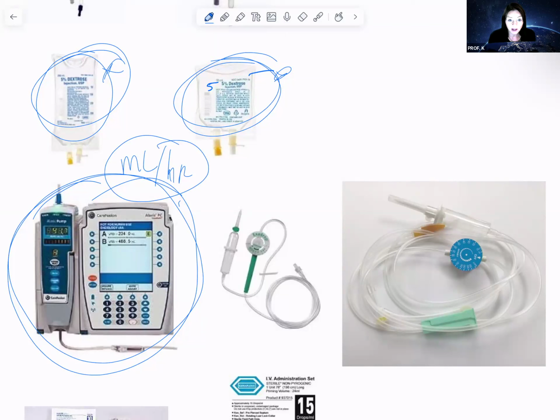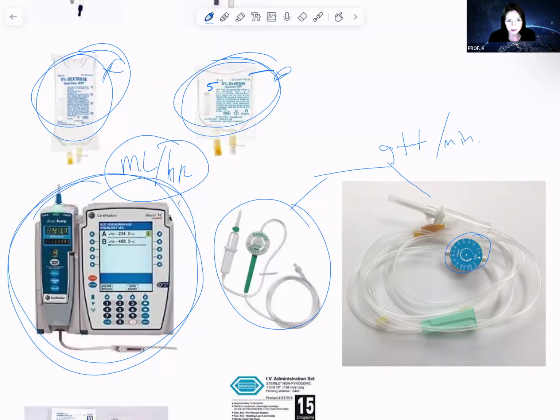So we go to Pine Valley for 118 and they use something called a drop factor. It's special tubing that has a little dial on it, and it literally tells you how many drops the patient will get every minute. So if we're not using a pump, we're using gravity, and that's called the drop factor. That's called drops per minute. So it's either pump or gravity. So milliliters an hour or drops per minute. And that's the only two ways you're going to be asked the question.